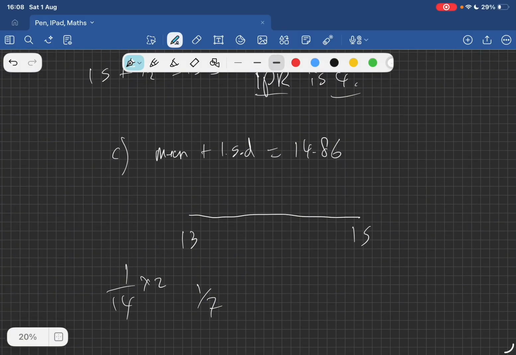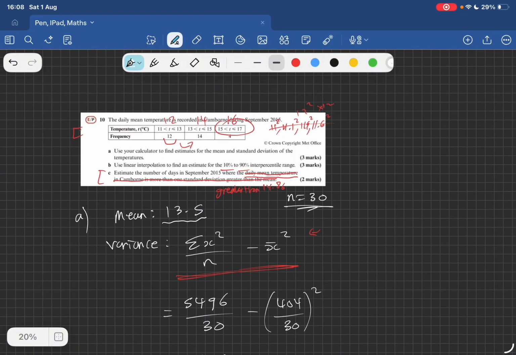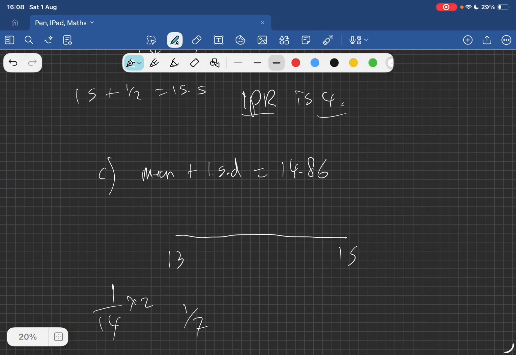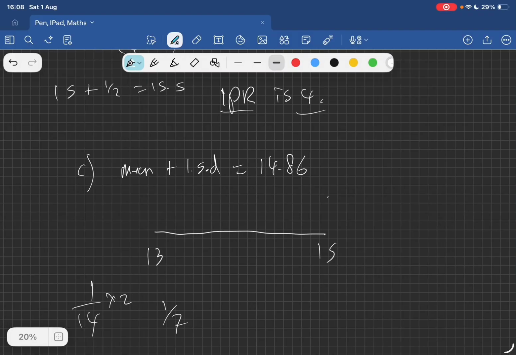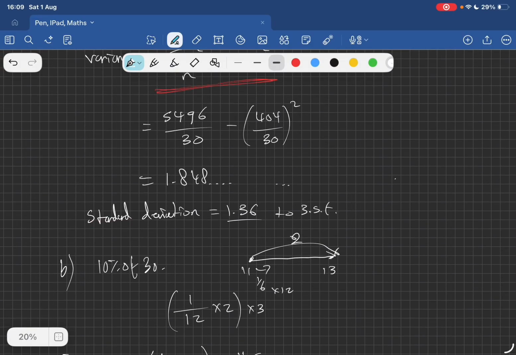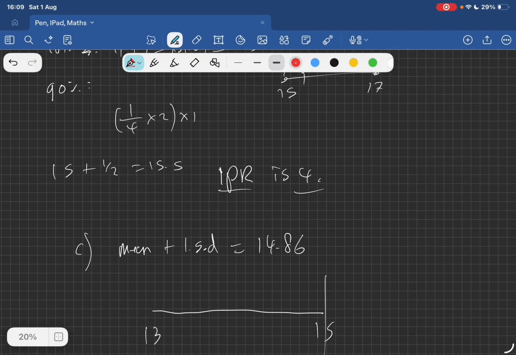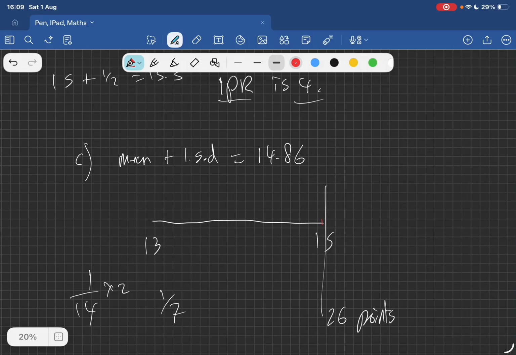Bear with me. If we work backwards, we know there's 26 points up to here, so 15 is our 26th point because we've got 26 bits of data here. What is a seventh back from this?